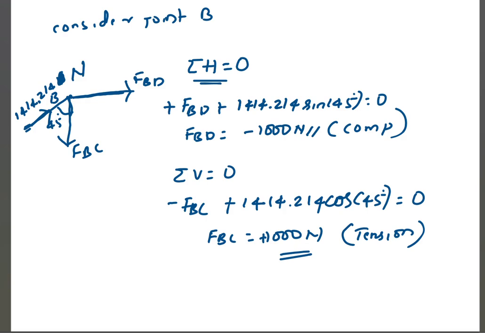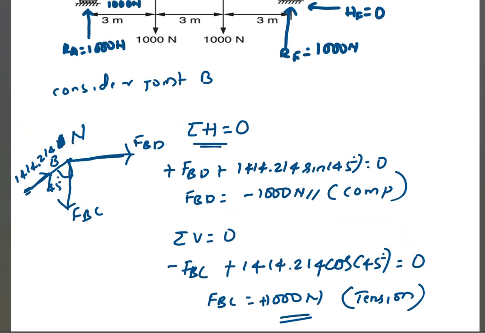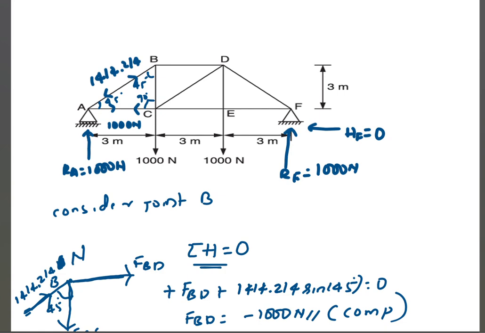Now again you substitute. FBD is minus. See here, minus means compression. Compression means the arrow mark should be towards the joint. So 1000 Newton. Here FBC is tension. Tension means the arrow mark should be away from the joint.